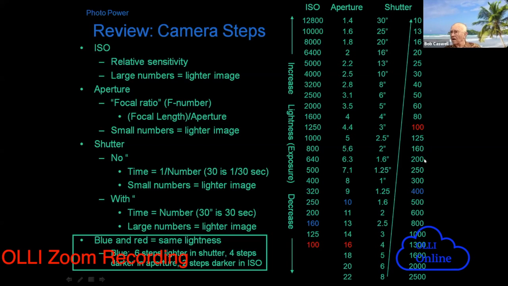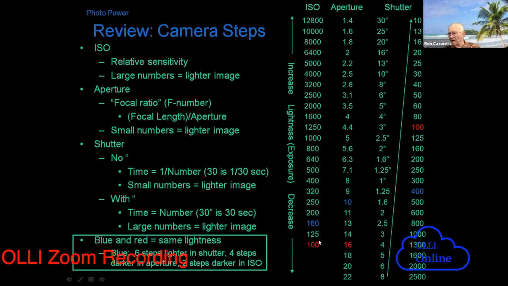In every case, it is a factor of 2 in aperture as well, in the amount of light you get. But the numbers don't change by a factor of 2. That's the nature of f-stops. If somebody wants to go into the mathematics behind that, I'd be happy to, but we'll do that after class.